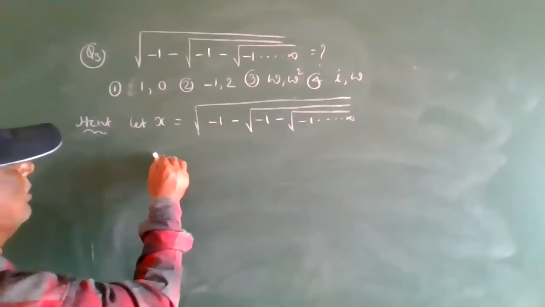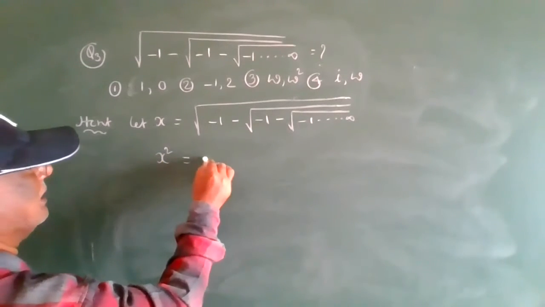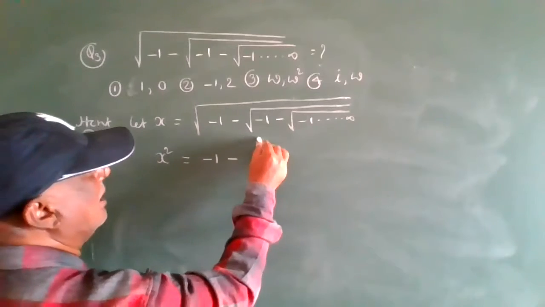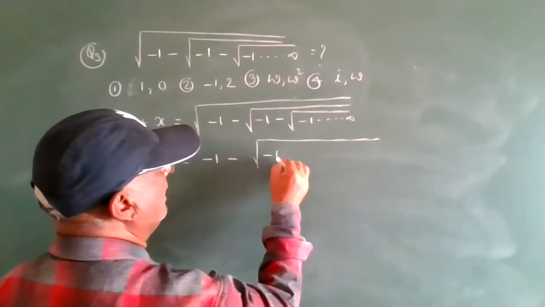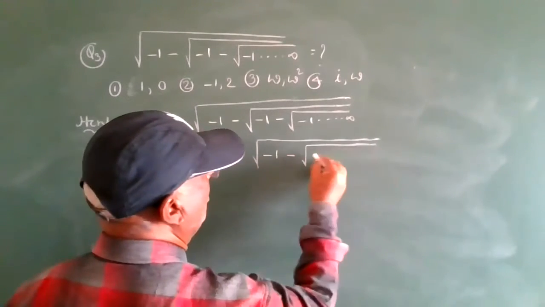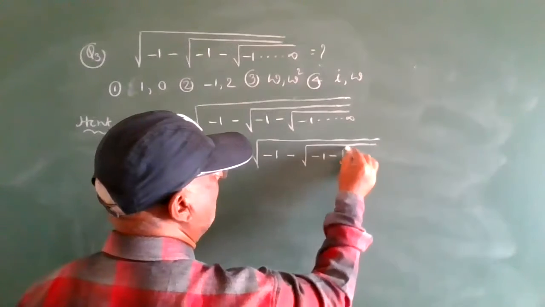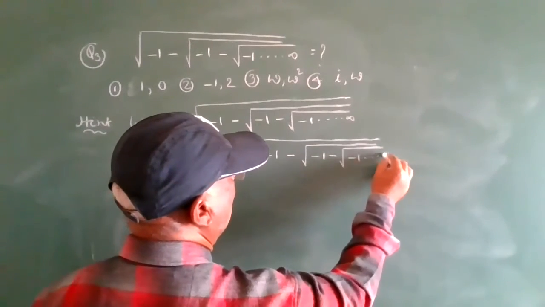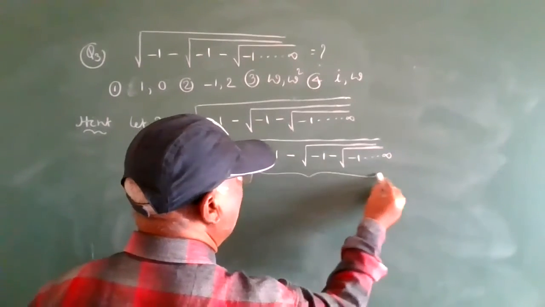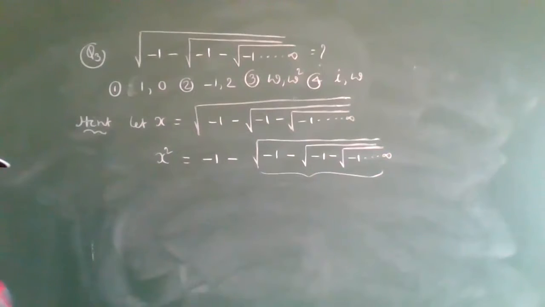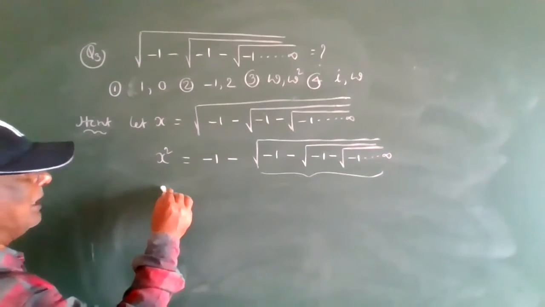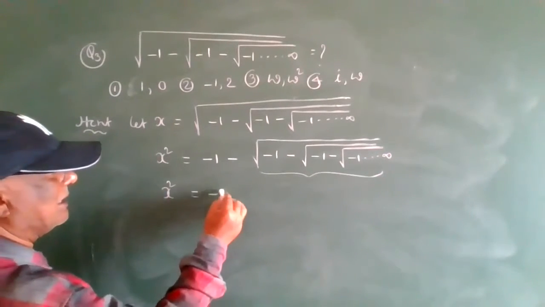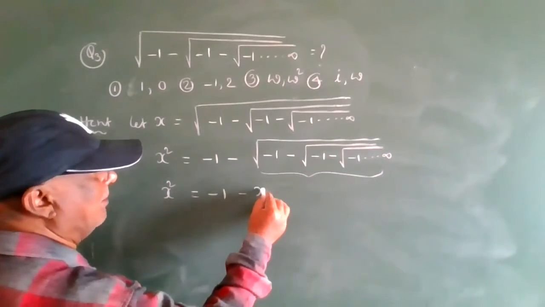So squaring on both sides, x square is equal to minus 1 minus square root of minus 1 minus square root of minus 1 up to infinity. This is the same x value.